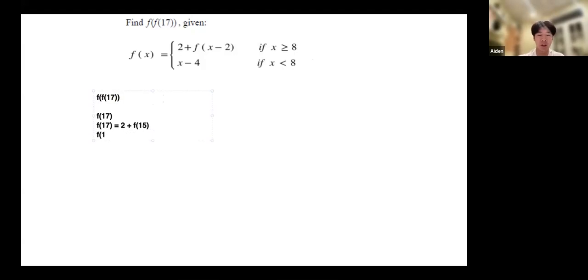Then we can continue solving for f of 15, and we can keep going with f of 13 equal to 2 plus f of 11.